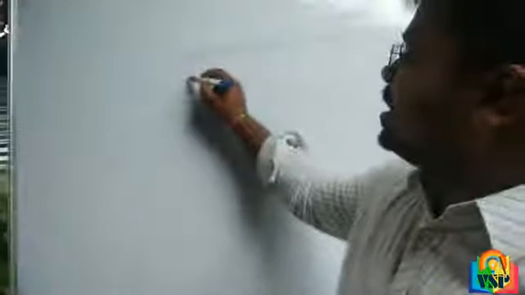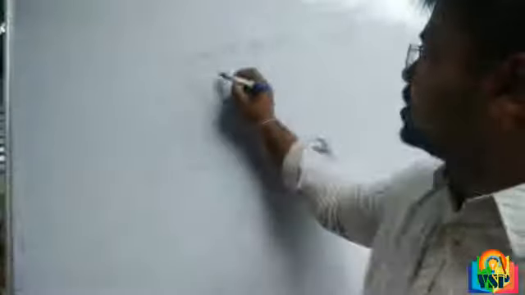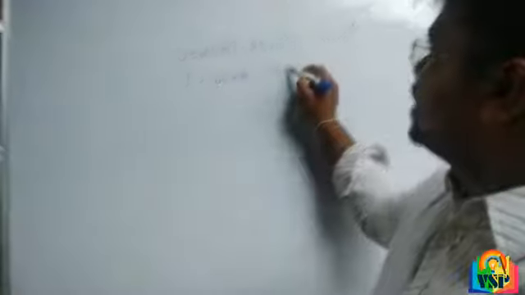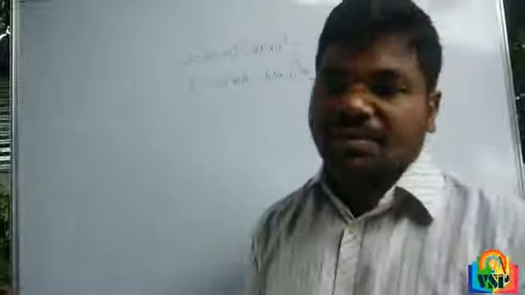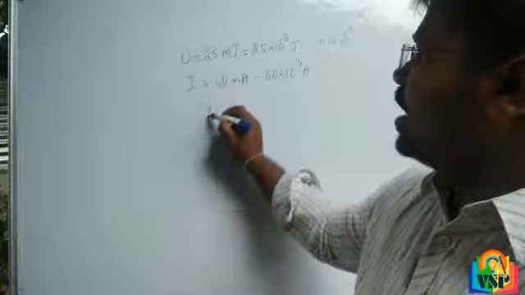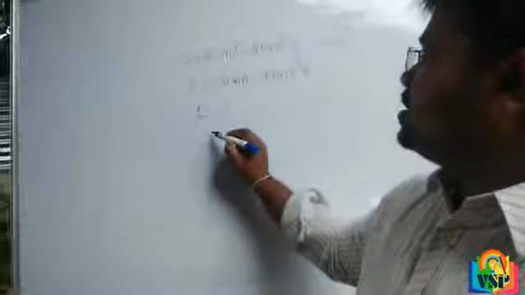Milli is equal to 10 power minus 3. And current I is equal to 60 milliamperes, 60 into 10 power minus 3 amperes. So in this we have to find L, self-inductance. What is the formula?